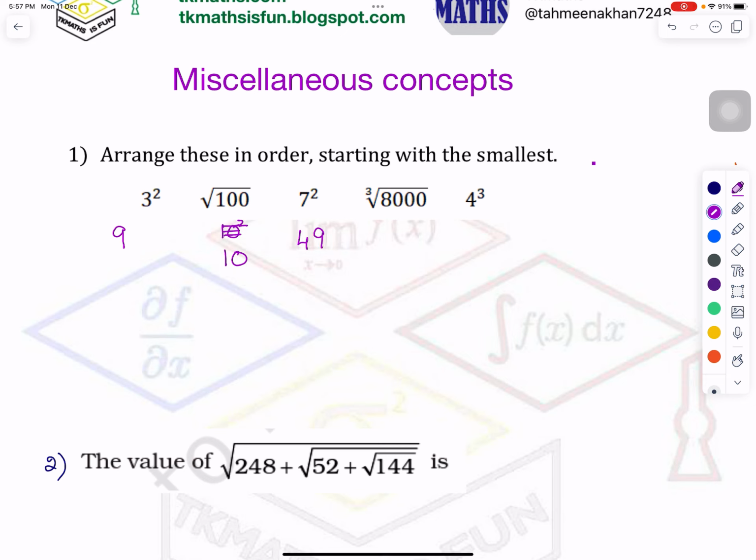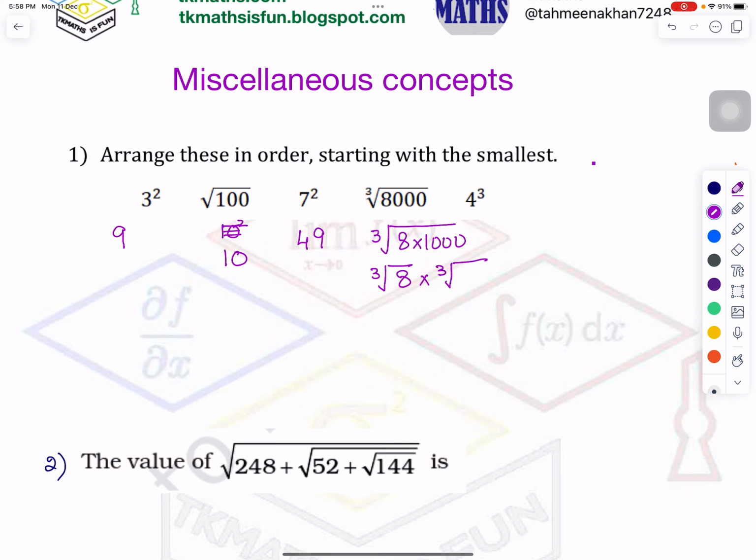Now this is a little difficult. Cube root of 8000. Because people mostly know easy numbers, if I split it into two parts, what are those two parts? 8 times 1000. Because 8 times 1000 is 8000. You don't need to write, you can just do it mentally also if you like to.